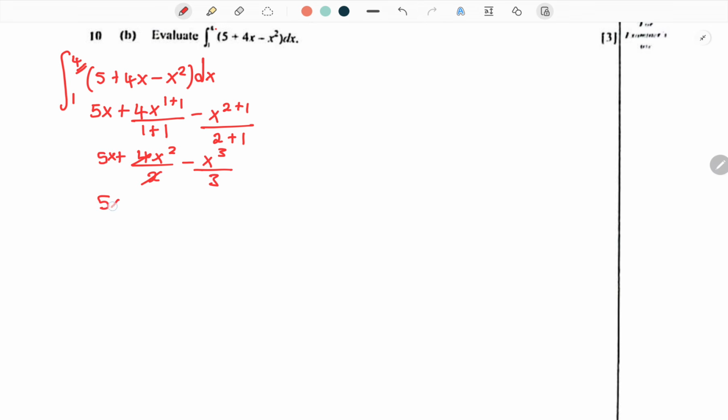We're going to have our 5x plus 4x to the 2. Of course, it was cancelling, so we're going to have a 2 there, minus x to the 3 over 3. And of course, this is going to be our upper limit, and then this one is going to be our lower limit.